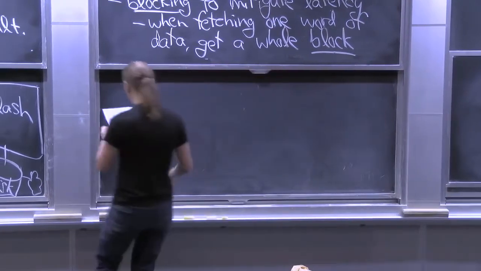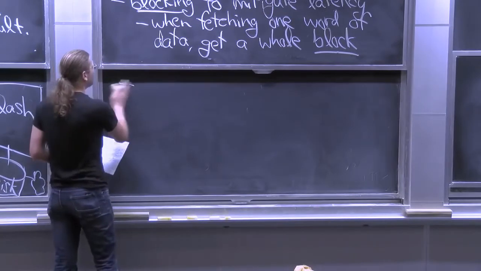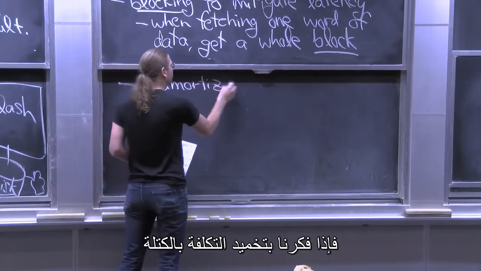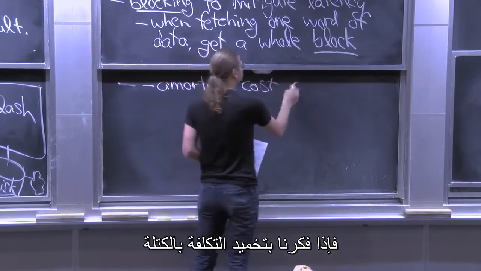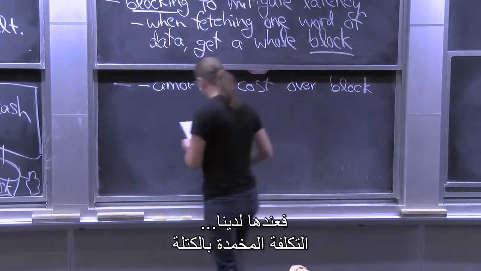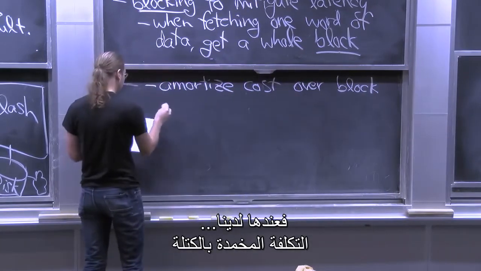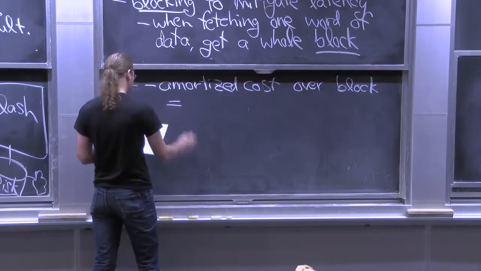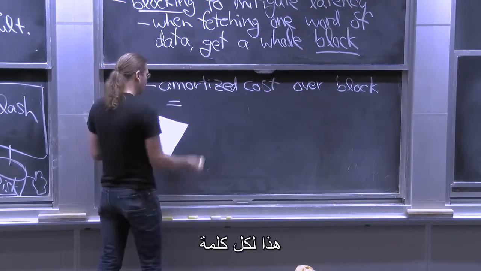So if you think of amortizing the cost over the block, then you have something like amortized cost over block. This is per word.